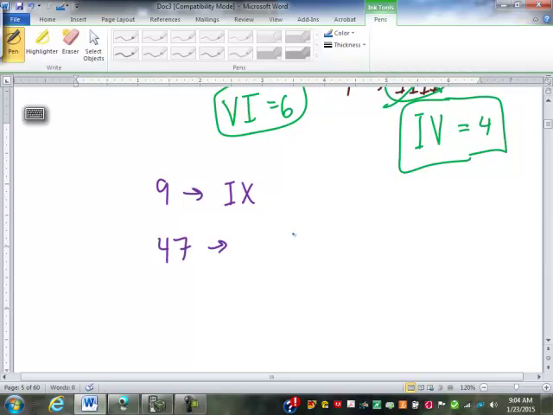They take their 50, which is their L, and they subtract 10 from it. That takes it down to 40. Now we have to add the 7. So a 5 and 2 1s. So if you're reading what's happened there, the XL is 40. That's 50 minus 10. Plus 5 plus 1 plus 1.